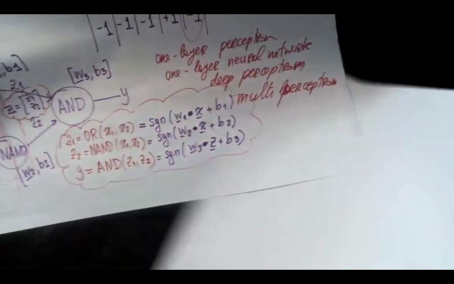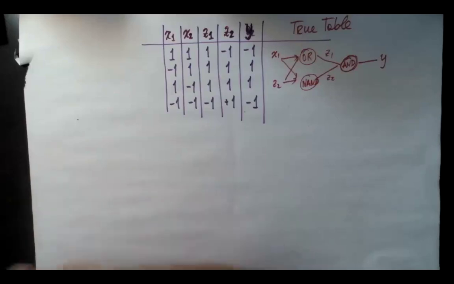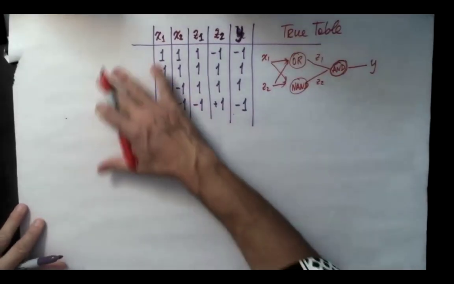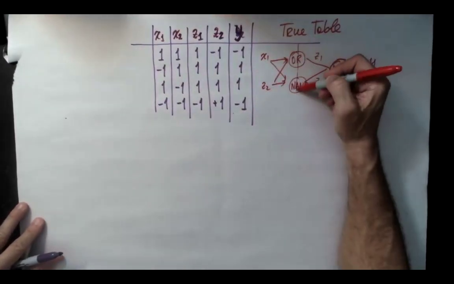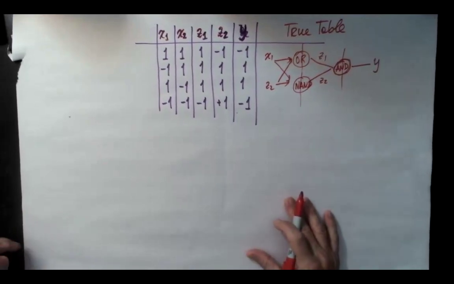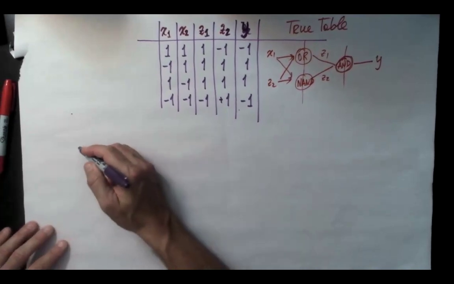And to do that, okay, so this is the truth table of our deep perceptron, or system of Boolean gates.